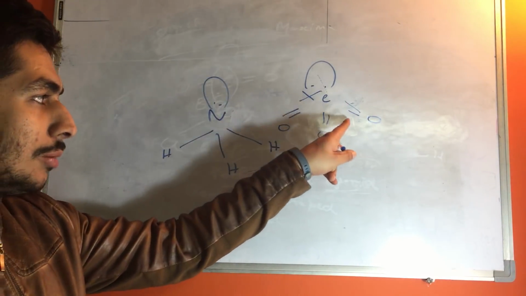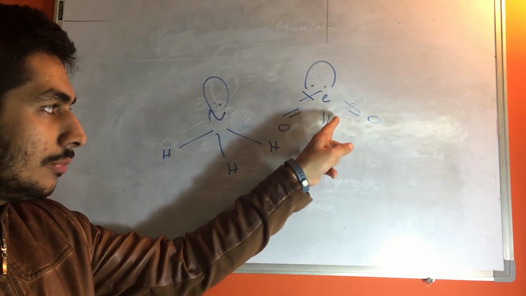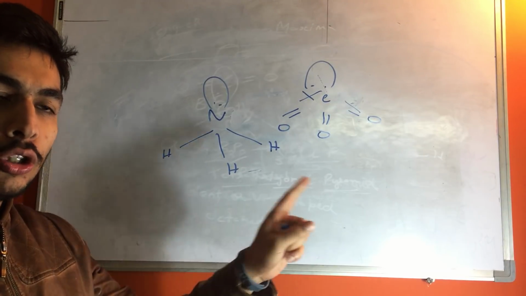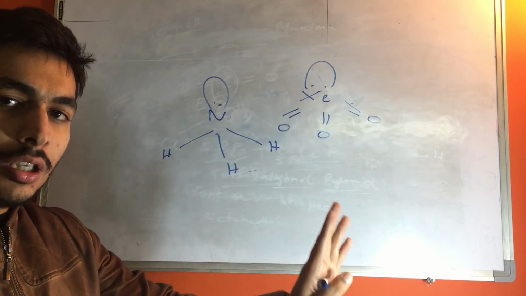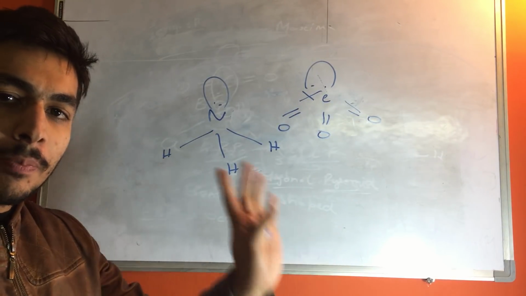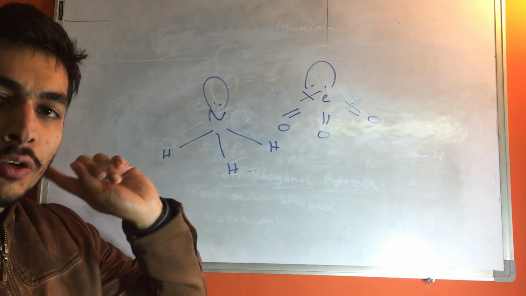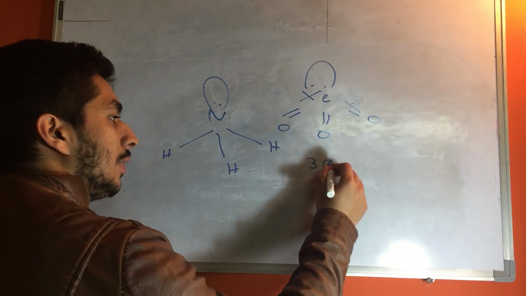Because xenon is doubly bonded to 3 oxygens, so 6 electrons are participating in bonding. But I told you that whether it is a multiple bond or a single bond, it does not matter. You have to take only 1 bond pair per bond. So for the XeO bond, even though it's a double bond, you will take only 1 bond pair. So there are 3 bond pairs.